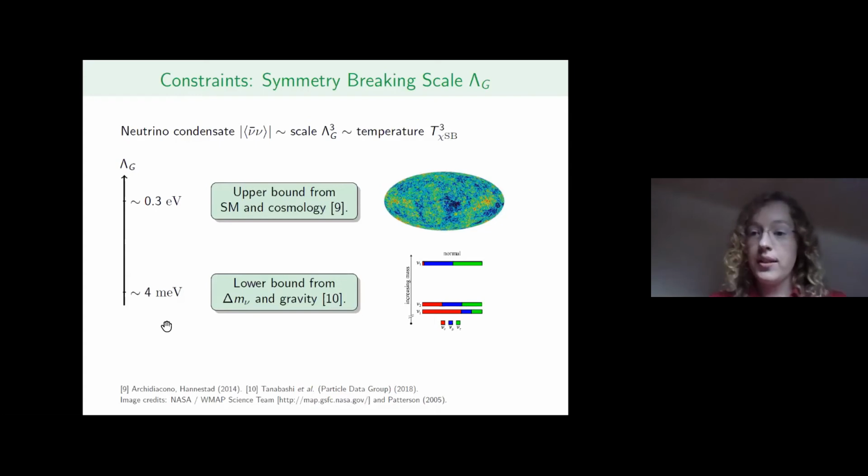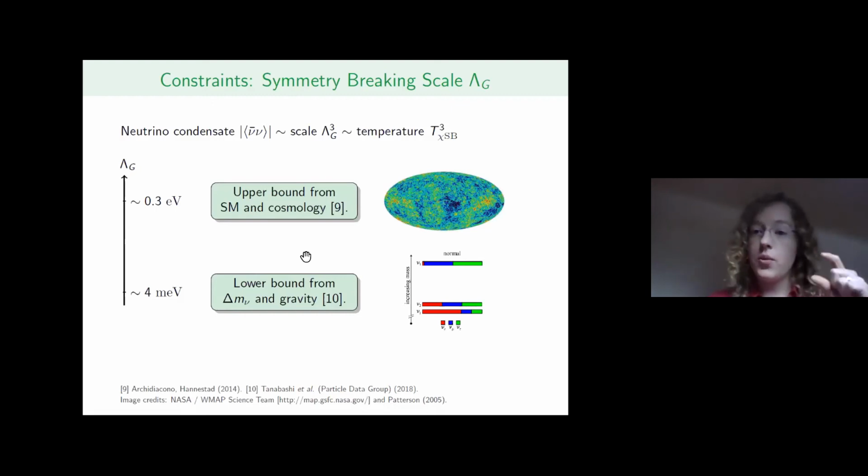So all these effects that we're discussing are ruled out at low energy scales and at very high energy scales, completely model independently. So there are these model dependent constraints from cosmology and the mass splittings, but there are also model independent ones from the standard model and gravity.